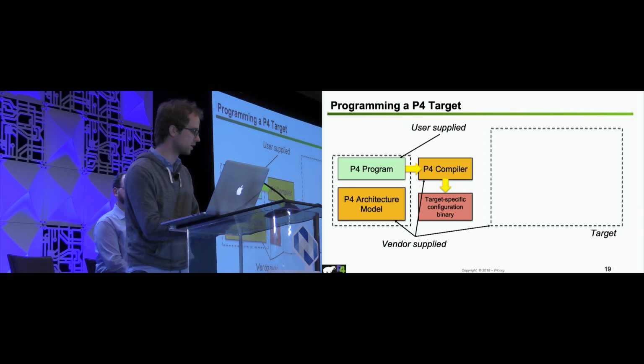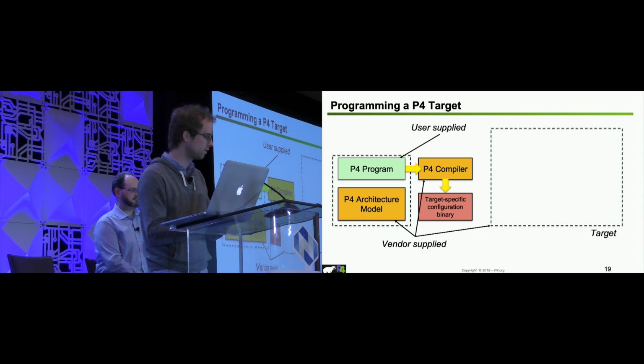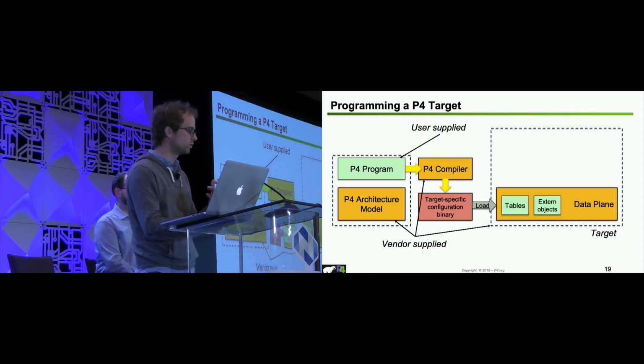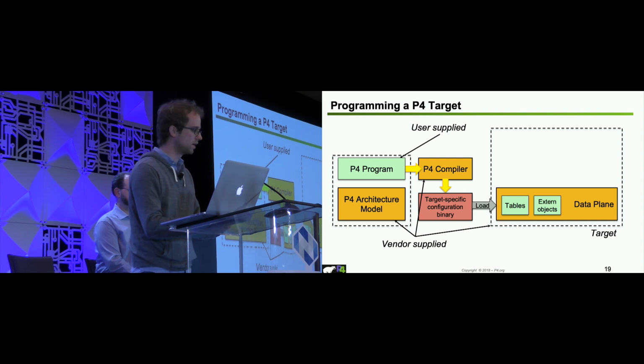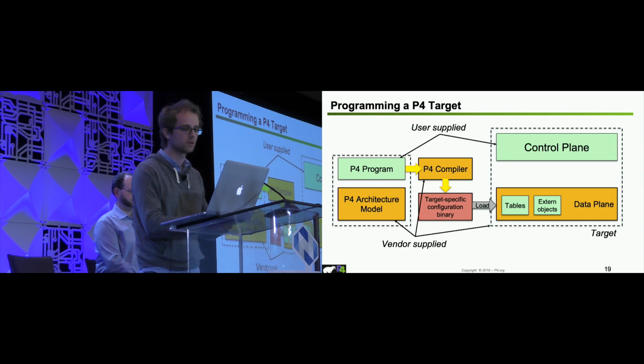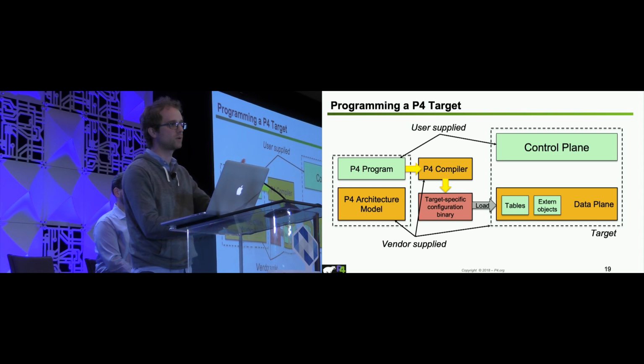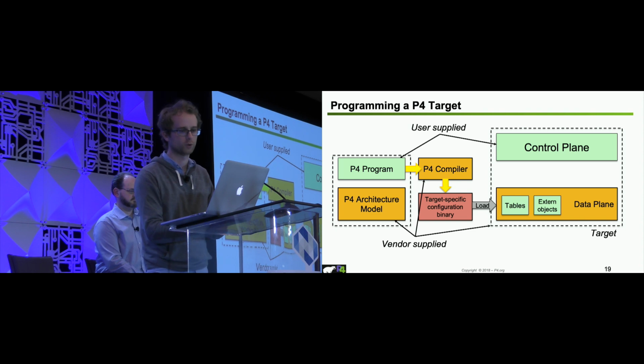It's also the case for FPGAs, where you can produce some RTL file. Then you load that target-specific configuration binary into your device. That binary defines what kind of tables you need to carve in your SRAMs, in your TCAMs, and other things, like whether your target supports counters, meters, and so on. And finally, you're going to have to write a control plane, which is going to be able to talk to those data plane objects you have defined in your P4 program.